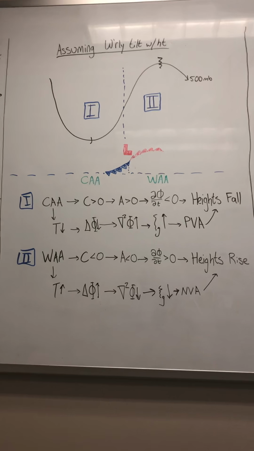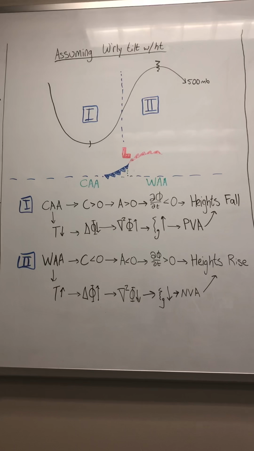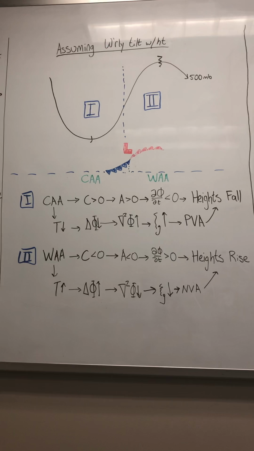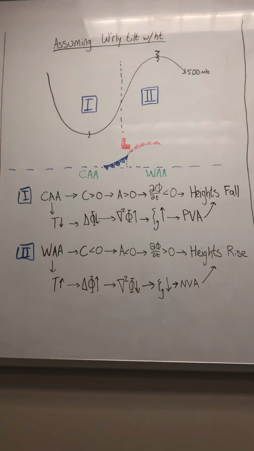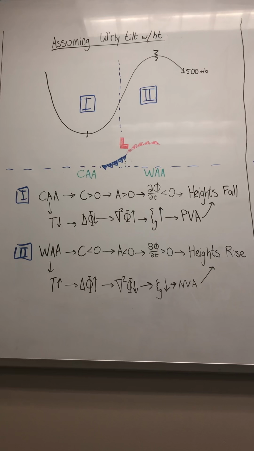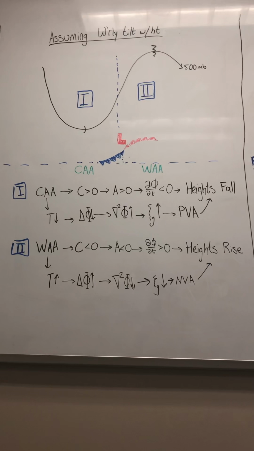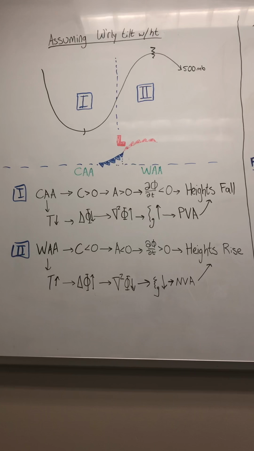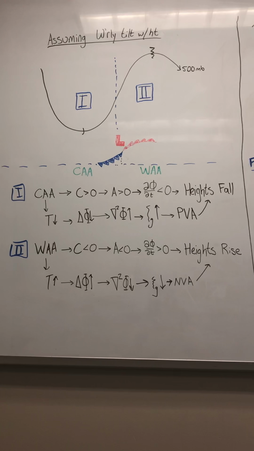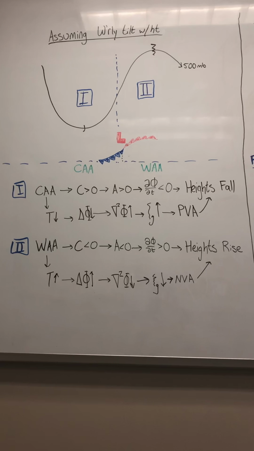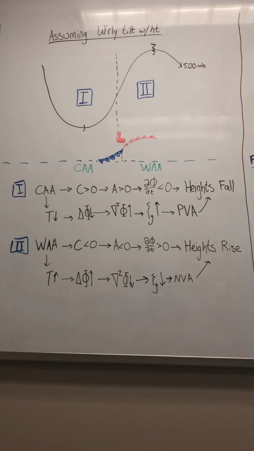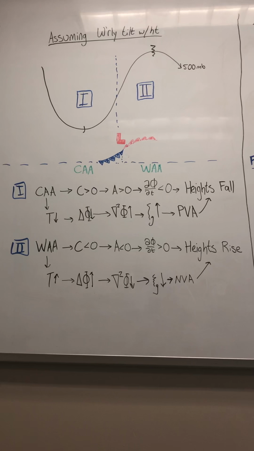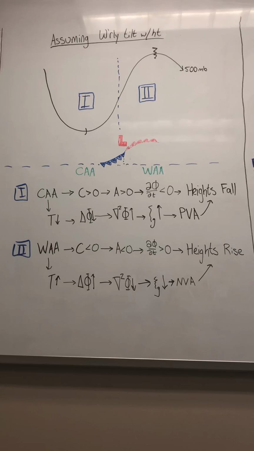This backs up the physical observation that westerly systems have an increasing amount of strength, because in region 1 we're seeing the trough deepening, and in region 2 we're seeing the ridge building. So the pressure gradient between region 1 and region 2 is increasing.